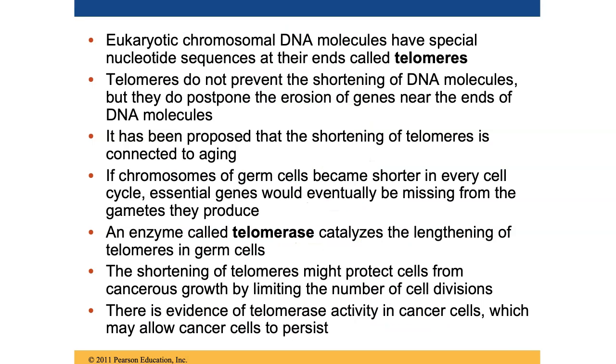One reason that's posited as to why telomeres shorten is that it might protect cells from cancerous growth by limiting the number of cell divisions that genetic material is able to go through. And interestingly enough, there's evidence of telomerase activity, that enzyme that's able to continuously replenish and elongate the telomeres, in cancer cells, which may allow cancer cells to persist in living.